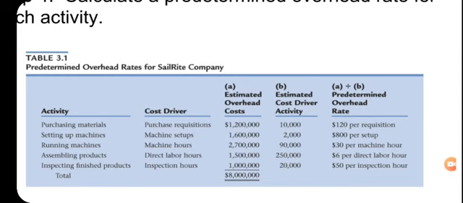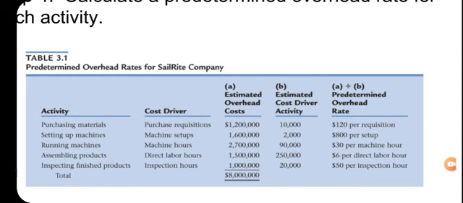Number 3, the activity is running machines. The cost driver is machine hours. The estimated or budgeted overhead cost is 2.7 million. The estimated allocation base is 90,000 machine hours. So 2.7 million divided by 90,000 machine hours. The predetermined overhead rate is $30 per machine hour.